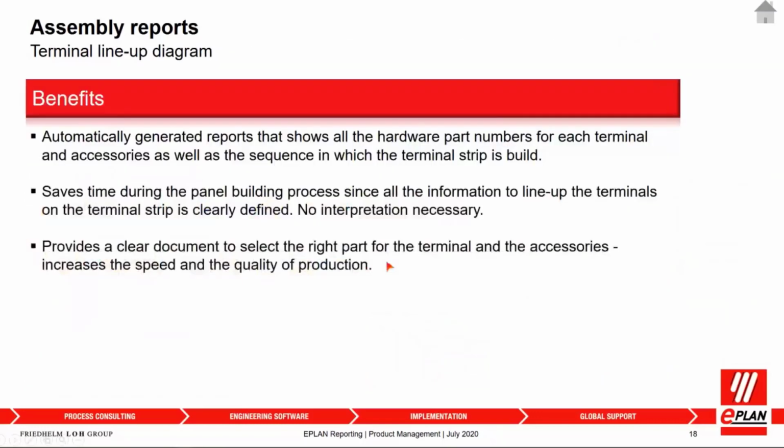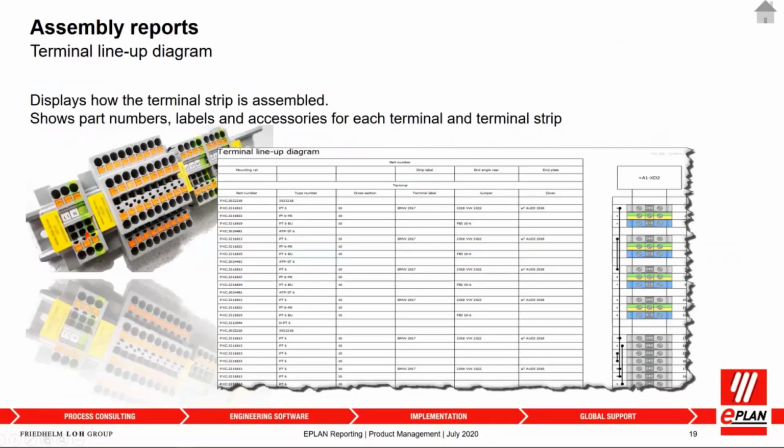Terminal lineup diagram is another type of report that allows you to see how the terminal diagram is put together. You know exactly which part number, so it'll show you not only the order, but also which part number is to be used, and it'll show you which cross section is supposed to be defined, and also the label.